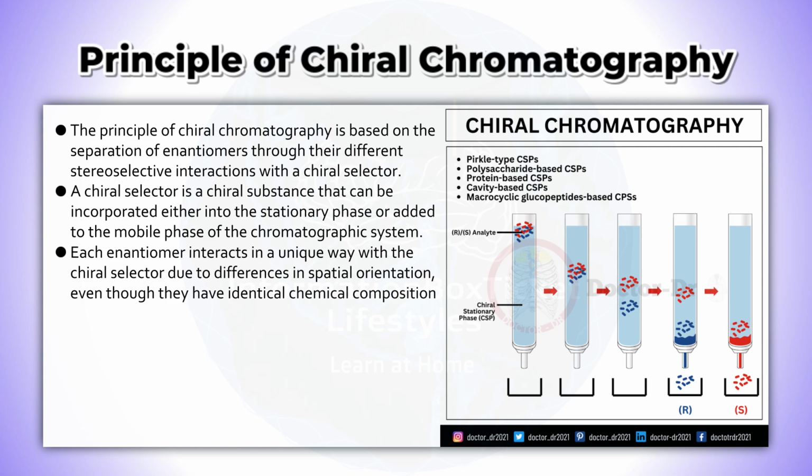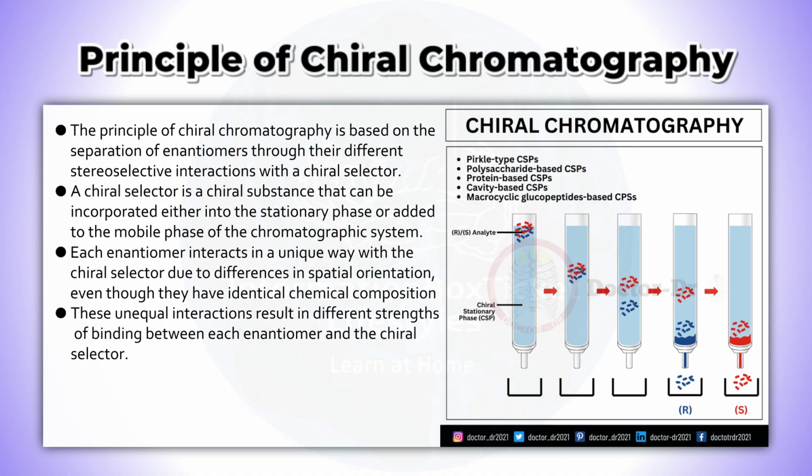Each enantiomer interacts in a unique way with the chiral selector due to differences in spatial orientation, even though they have identical chemical composition. These unequal interactions result in different strengths of binding between each enantiomer and the chiral selector.